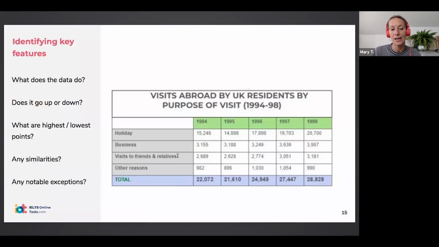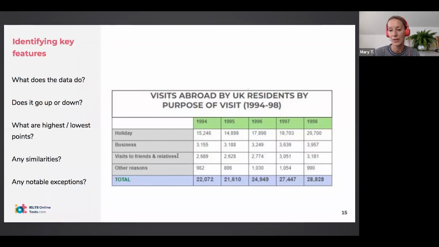Okay, any notable exceptions? So is there anything that particularly stands out there that's different? Other reasons? Yes, other reasons. How is it a notable exception? So how is other reasons different?